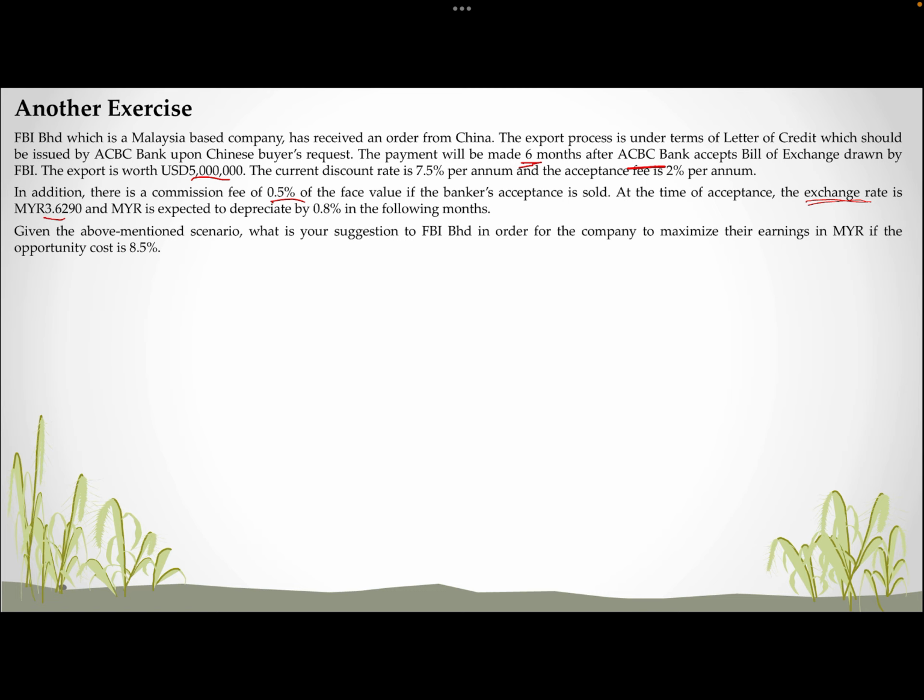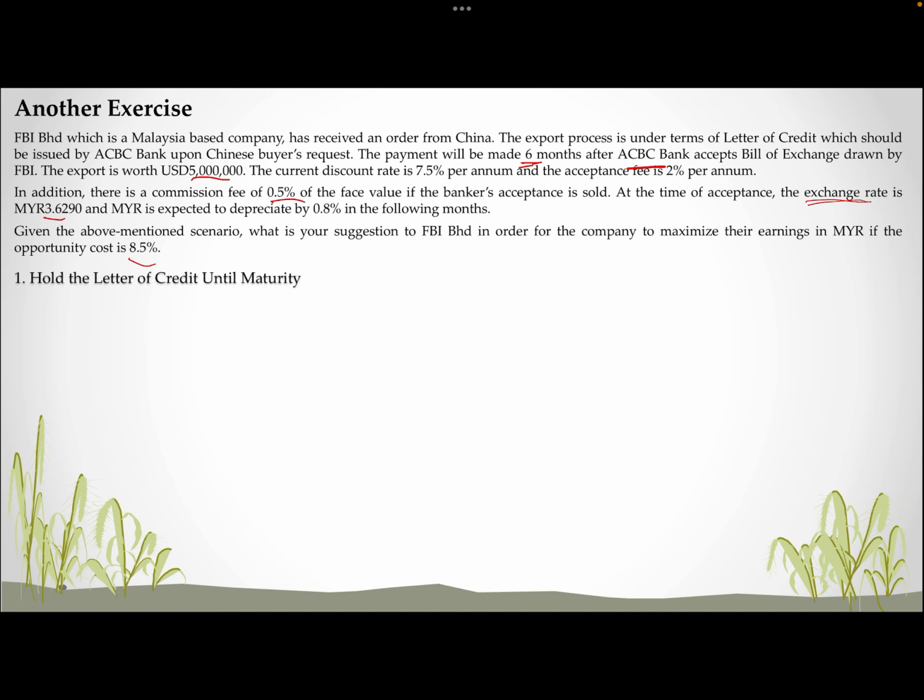So what is your suggestion to FBI? Okay, just imagine you are the senior manager of finance. What is your suggestion to FBI in order for the company to maximize their earning in Malaysian ringgit if the opportunity cost is 8.5%?